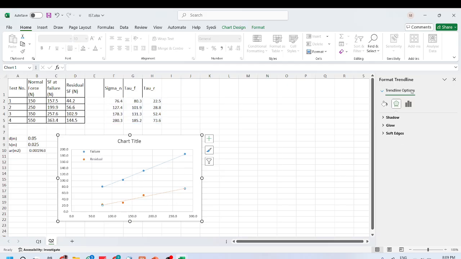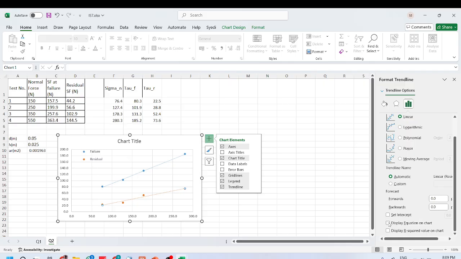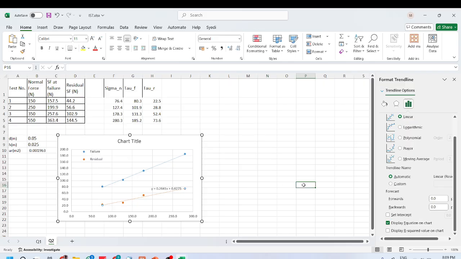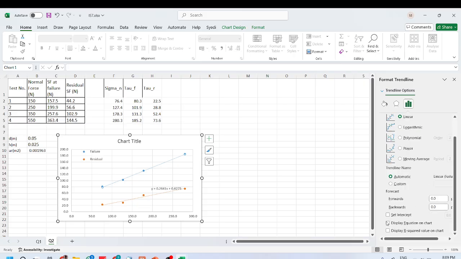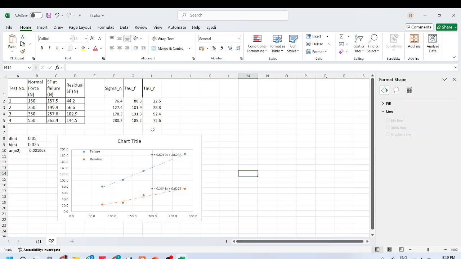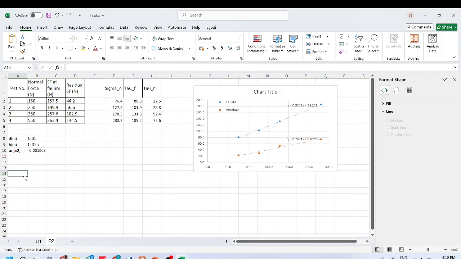And let's add the equations. So for failure we have C and phi.